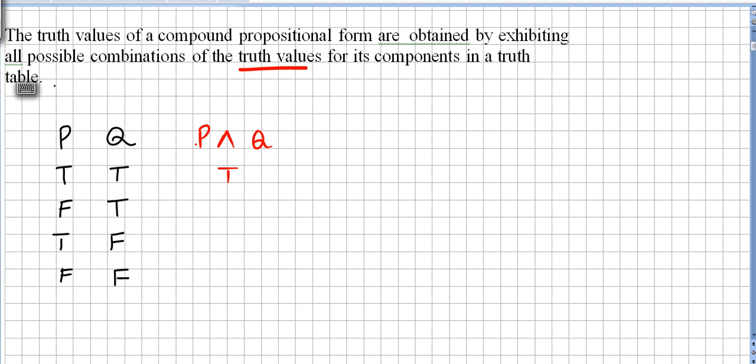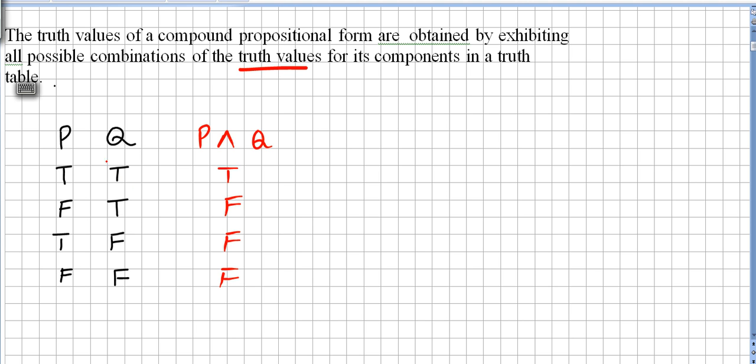False and true, so P and Q, one is false, so this one is false. And obviously they will all be false. So these are the four combinations, right? And since this is P and Q, it's only true if both are true.